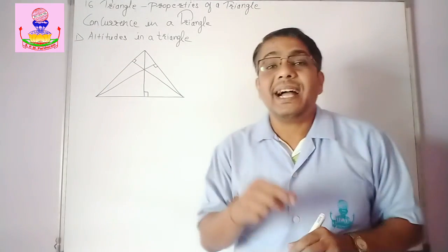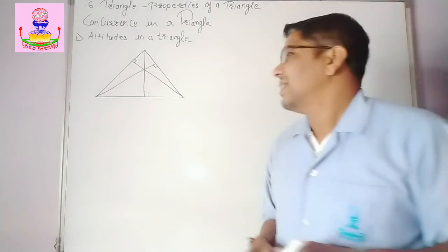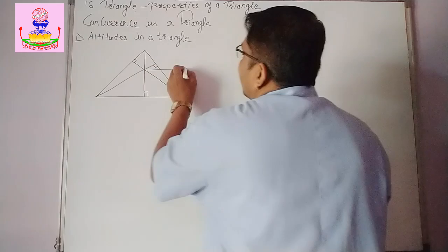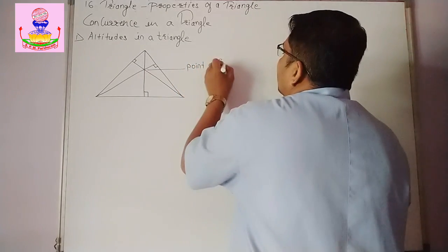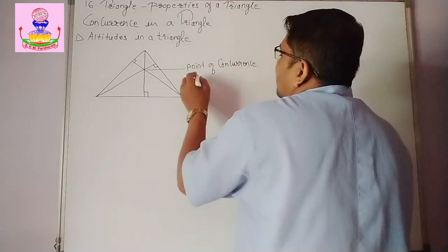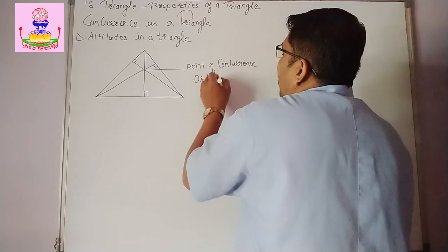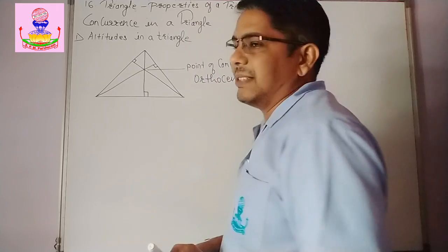So you can see the altitudes of a triangle are concurrent because they intersect each other at a point. Now this point is called the point of concurrence, and it is also called the orthocenter.